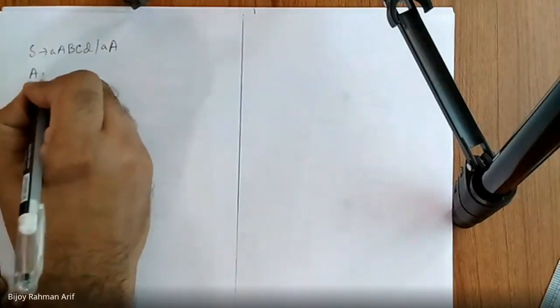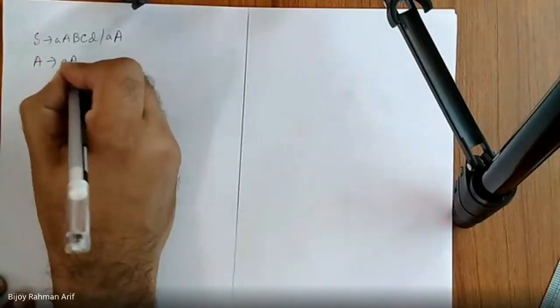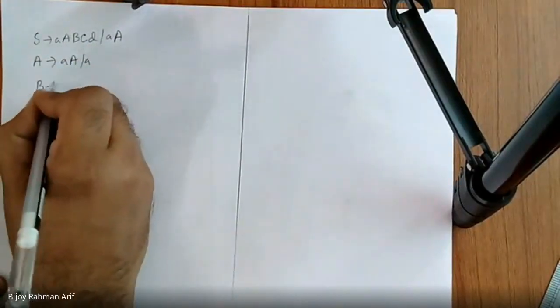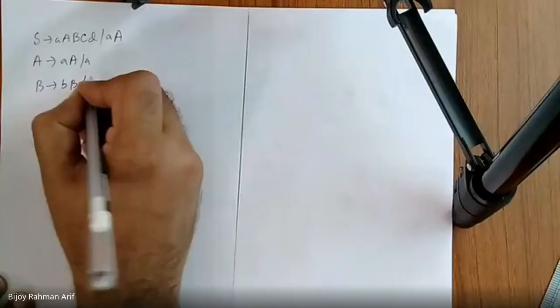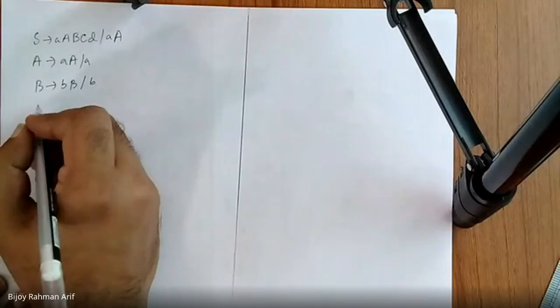Then A derives small a, capital A, small a, capital A. B derives small b, capital B, small b, capital B, B, A. Then C derives small c, capital C, small c.